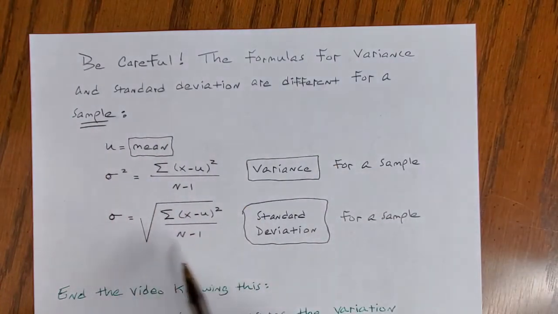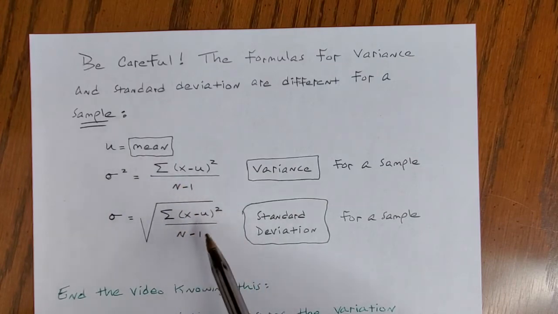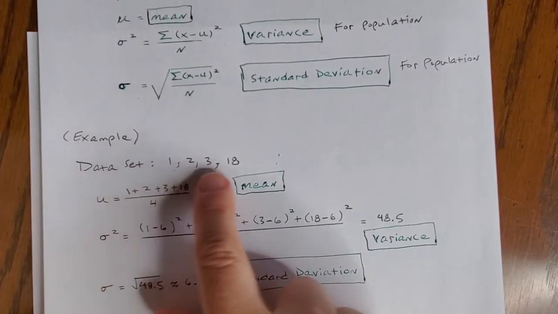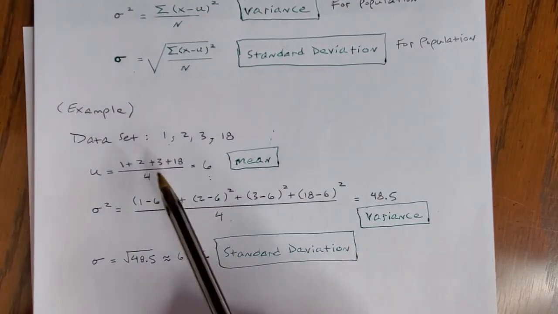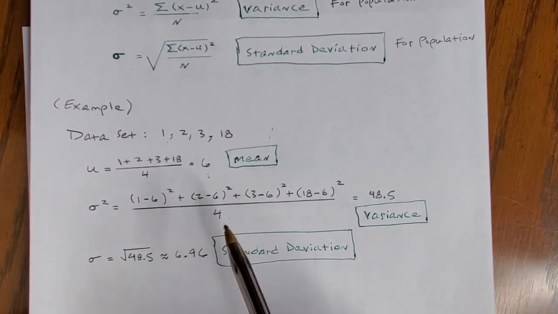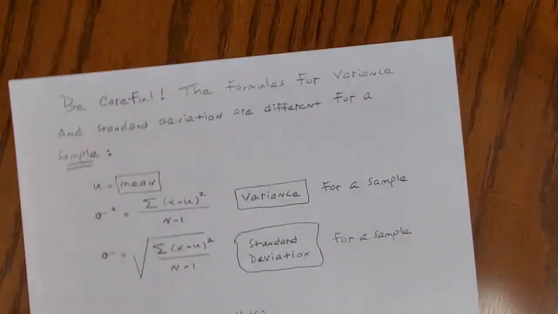The only difference for a sample is that I would divide by 1 less than the number of data entries. That's it. If I considered this to be a sample, I would divide by 3 instead of 4.